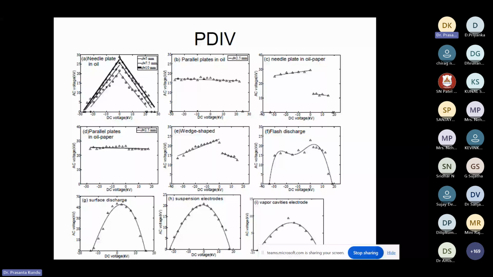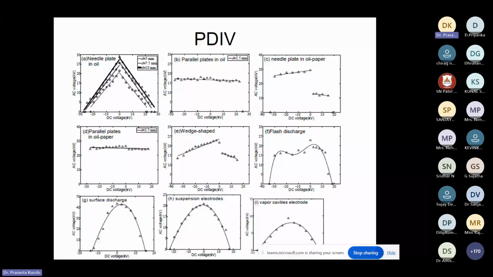So in a sample, if we keep on increasing the voltage from very low, where the PD will not occur, at one point PD will start. Say, for example, if it is starting from 0 and at a voltage of say 8 kV, PD will start. And after 8 kV, PD will continue. It will have just one pulse or a few pulses immediately beyond the threshold of the measurement.